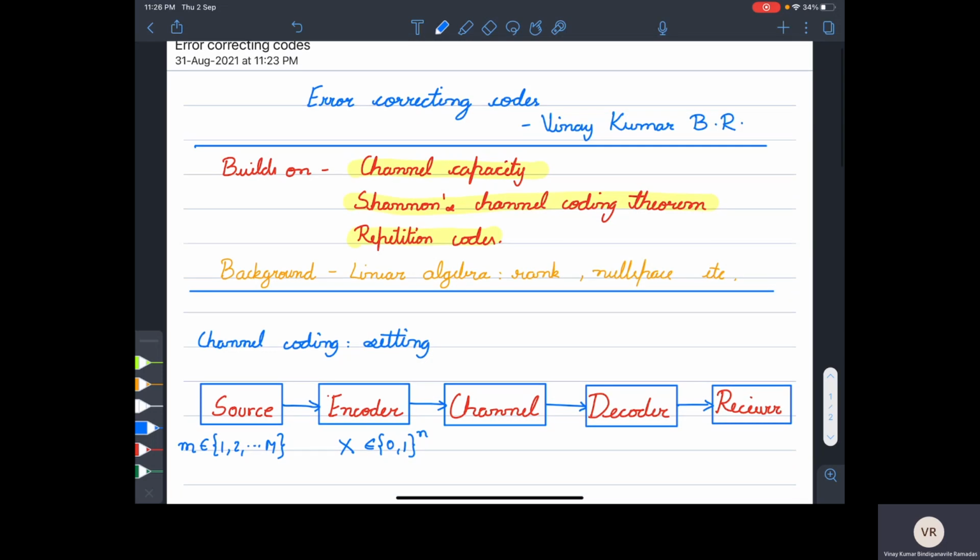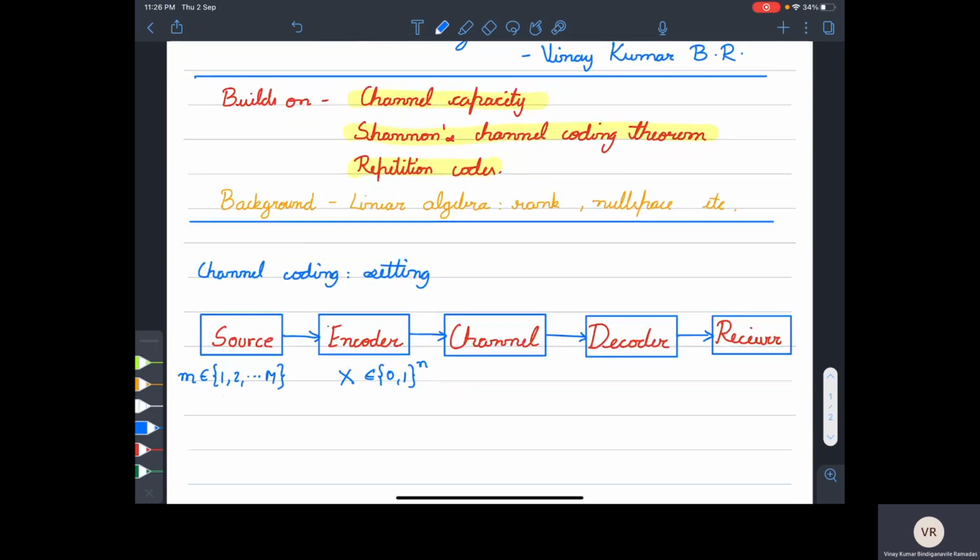Let's review the channel coding setting that you had. In the channel coding setting, you have a source which has a certain message M that it needs to send over the channel. This message M is first passed through the encoder.